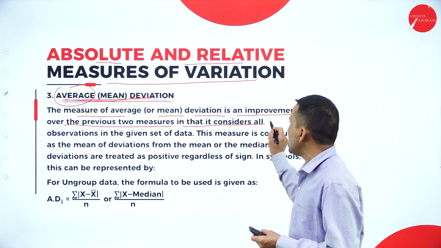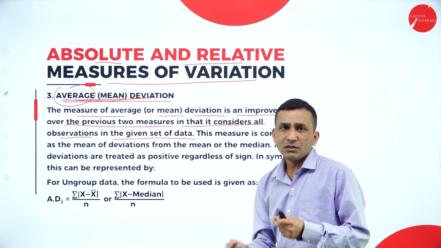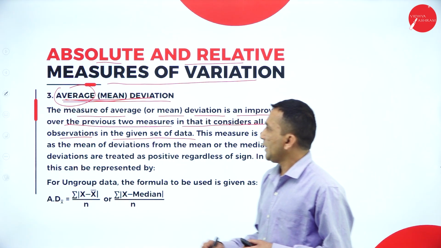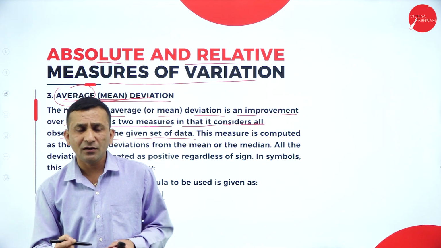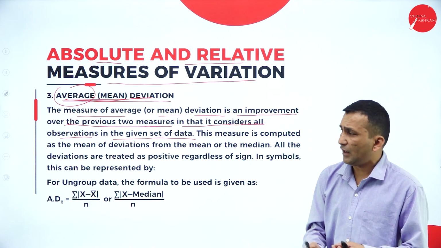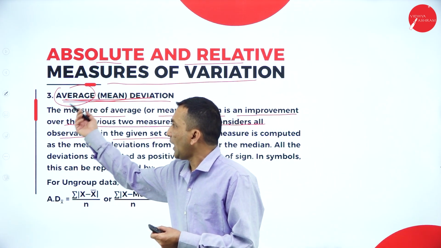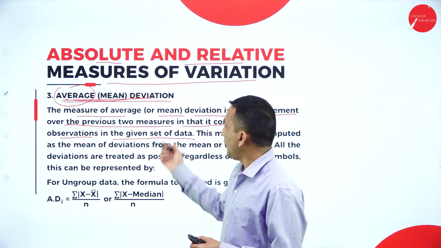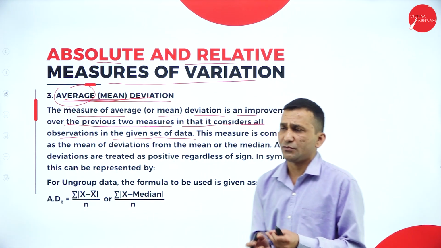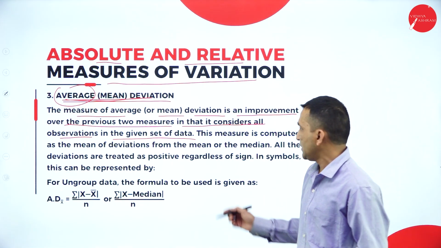It considers all the observations in the given set of data. In the previous two, quartile deviation and range, the calculation does not give you the exact deviation. But when we calculate the average deviation, we are able to overcome the problem we faced in the previous methods.